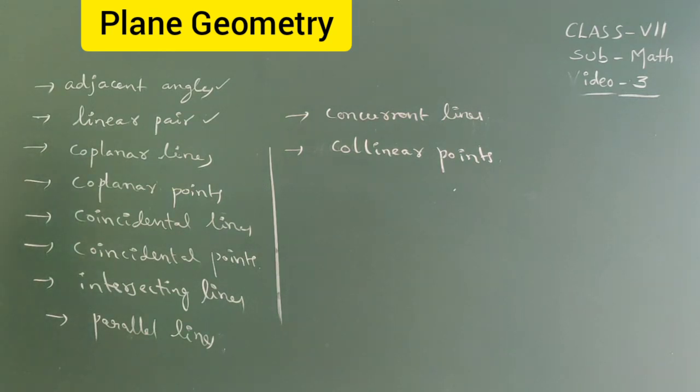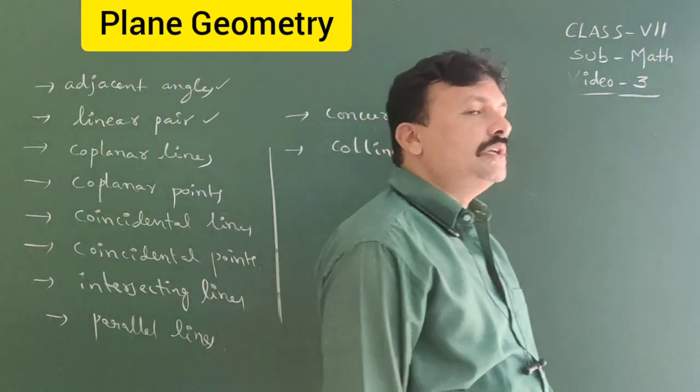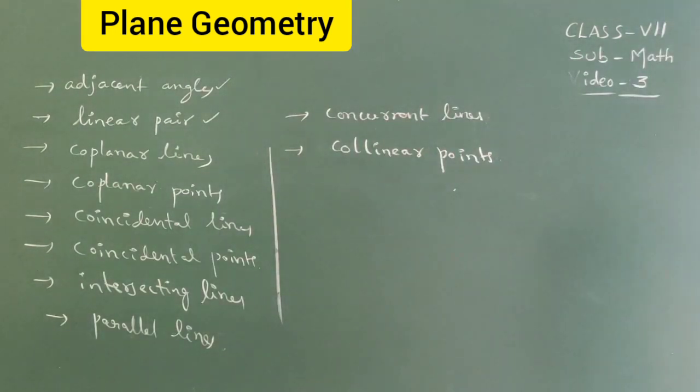Parallel railway tracks are the best example for parallel lines. They never intersect anywhere. If you consider two tracks, they will intersect, but one track never intersects. If they intersect, trains won't travel, you get an accident.